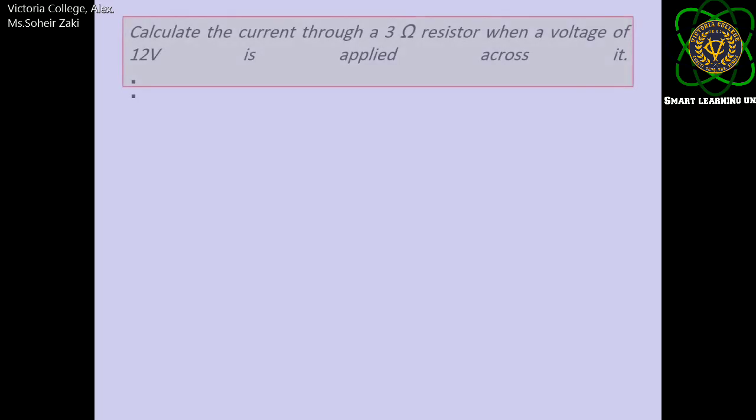Let's have some examples. Calculate the current through a 3 ohms resistor when a voltage of 12 volts is applied across it. Let's start.